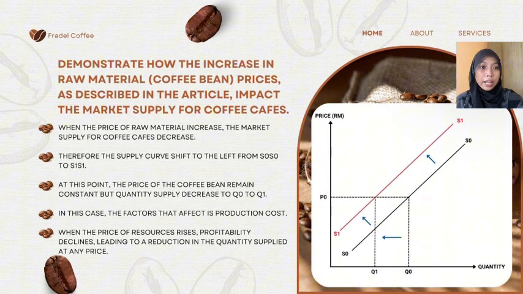At this point, the price of the coffee bean remains constant, but quantity supplied decreases from Q0 to Q1. So in this case, the factor that affects is production cost. When the price of resources rises, profitability declines, leading to a reduction in the quantity supplied at any price.